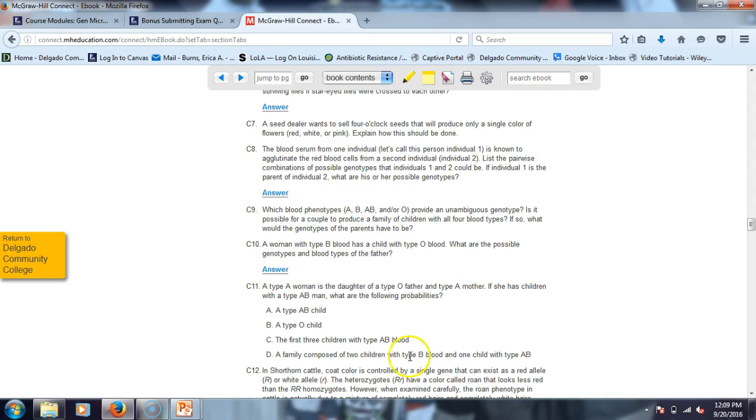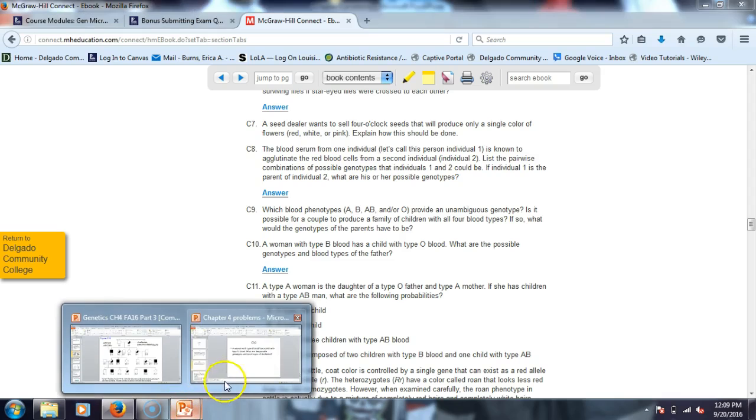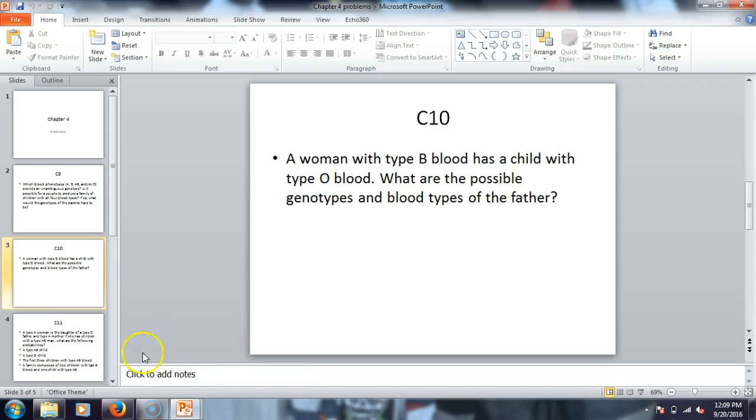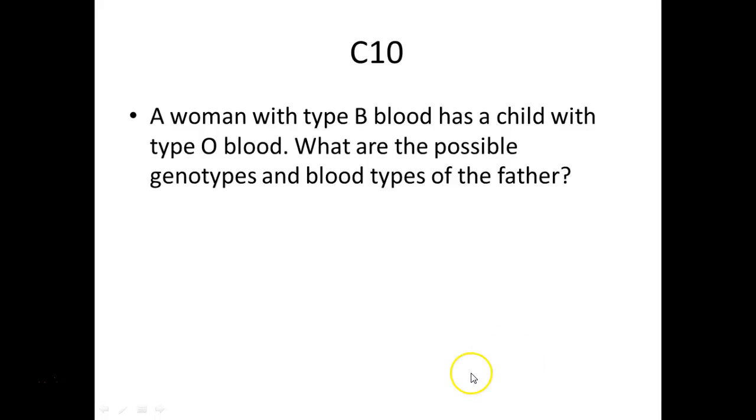Number 10 does. I'll write out 9 for you, just in case you're embarrassed and don't want to admit that you don't fully understand. Okay, a woman with type B blood has a child with type O. What are the possible genotype and blood types of the father?